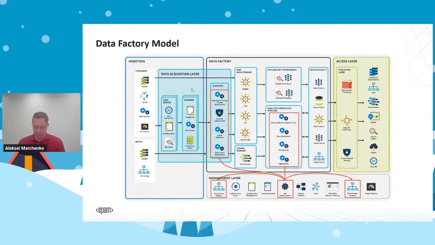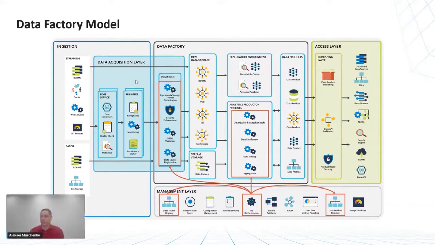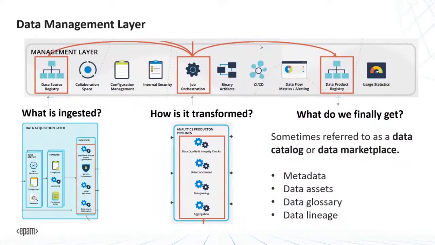Here I marked in red those boxes that are about data lineage, which will shed light on what it is in the whole concept of a data product. Let's go. Here it is.